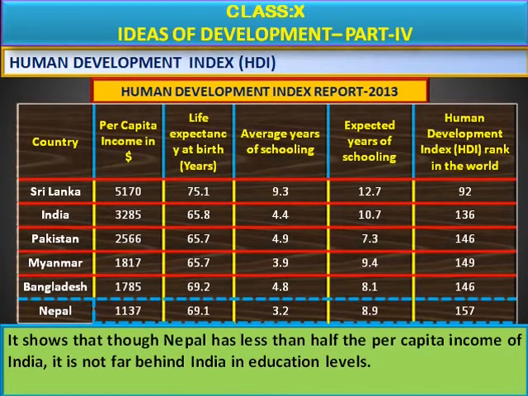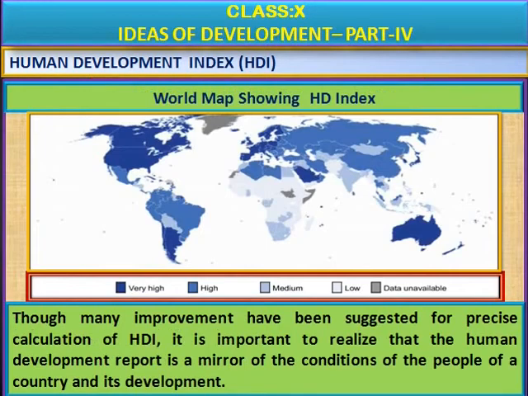In terms of life expectancy at birth, it is in fact ahead of India. Though many improvements have been suggested for precise calculation of HDI, it is important to realize that the Human Development Report is a mirror of the condition of the people of a country and its development.